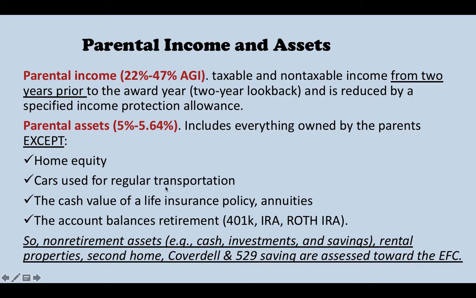So say you're young parents and your kids are only 2 or 3 years old. You should really make more contributions to your retirement account. That will reduce the future assets being counted towards the EFC, which would otherwise reduce the financial aid.